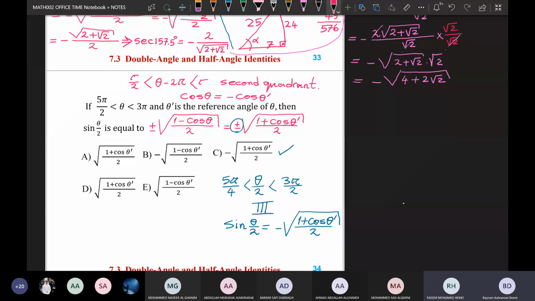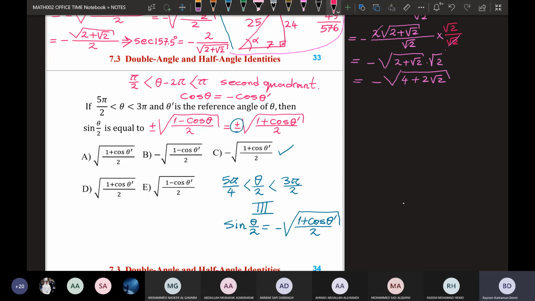We made the condition easier, right? We made it easy to see the location. When I subtract 2 pi, 3 pi minus 2 pi is pi, and 5 pi over 2 minus 2 pi is pi over 2. So theta minus 2 pi, the coterminal, is in the second quadrant, less than pi but greater than pi over 2.